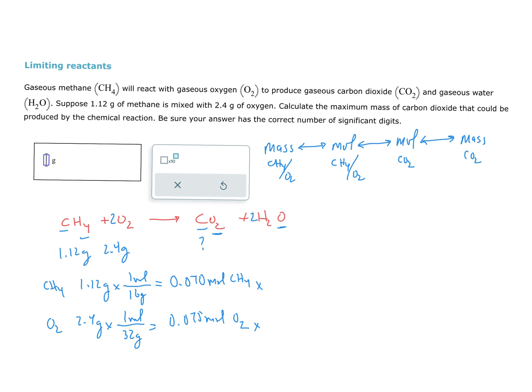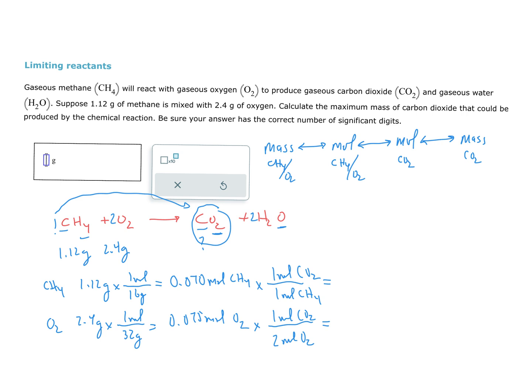I want to convert them both into moles of CO2. So we know for every 1 mole of methane, I'm going to make 1 mole of CO2. That's what the molar coefficients tell us in the balanced equation. Whereas for oxygen, I need 2 moles of oxygen for every 1 mole of CO2.